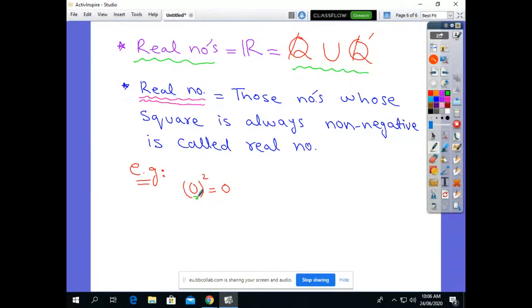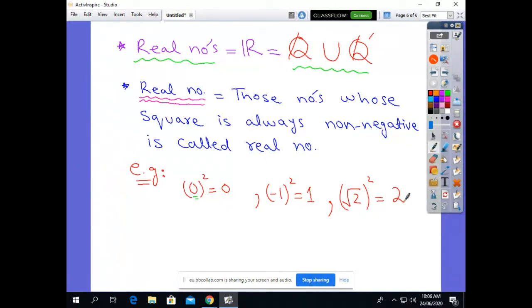If we take the square of -1, it becomes the non-negative number +1. Therefore, -1 is also a real number. If we take the square of square root 2, it becomes the non-negative number 2. Therefore, square root 2 is also a real number.